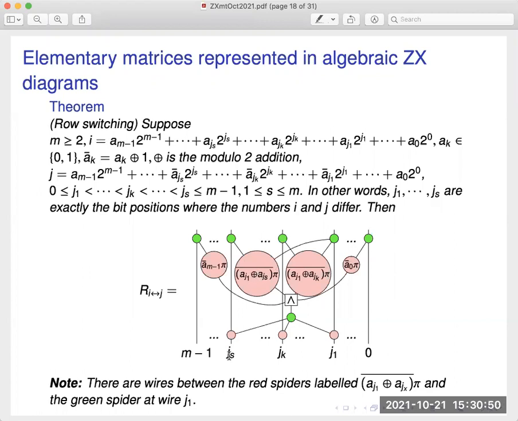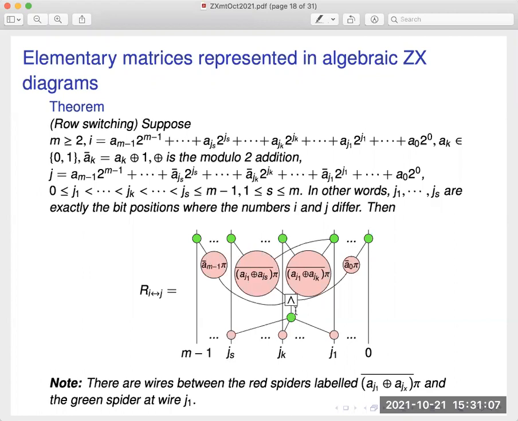So for these bit positions where I and J are different, you should do like this. For the places where I and J are the same, you should just do this.